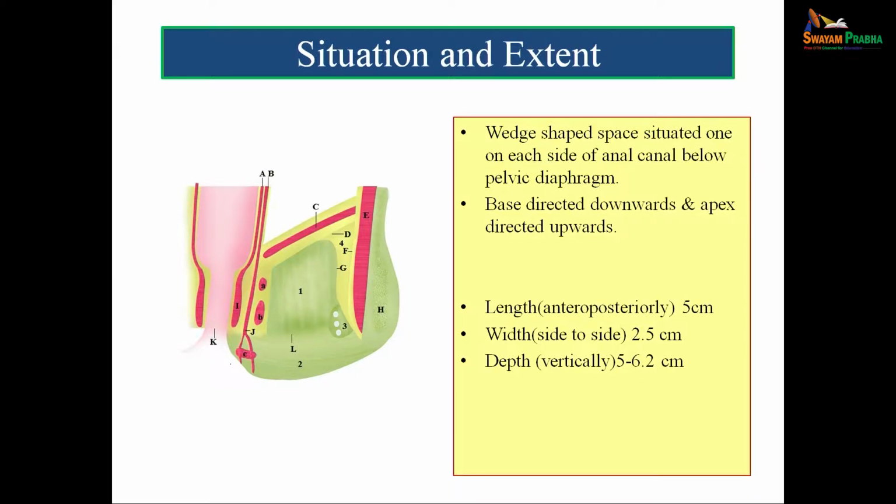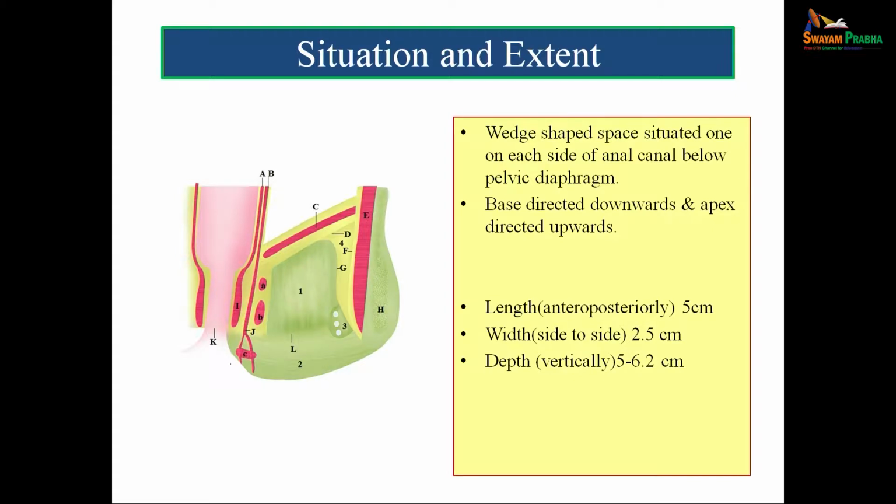The upper margin of that is marked by D. So, it is the area where D and F meet. D represents the inferior fascia of the pelvic diaphragm, while F represents the obturator fascia in the figure. The marking E here stands for obturator internus.